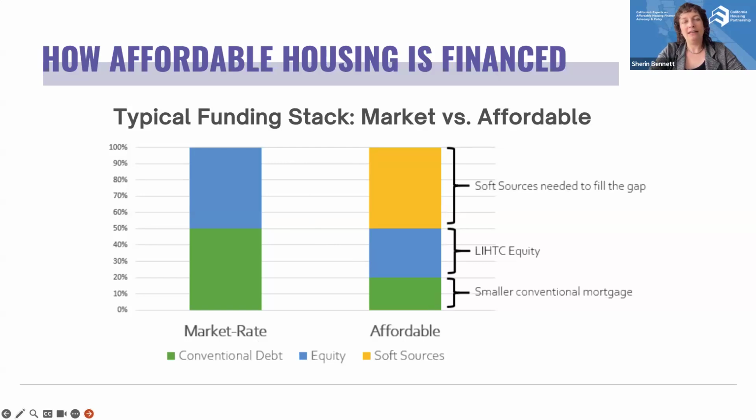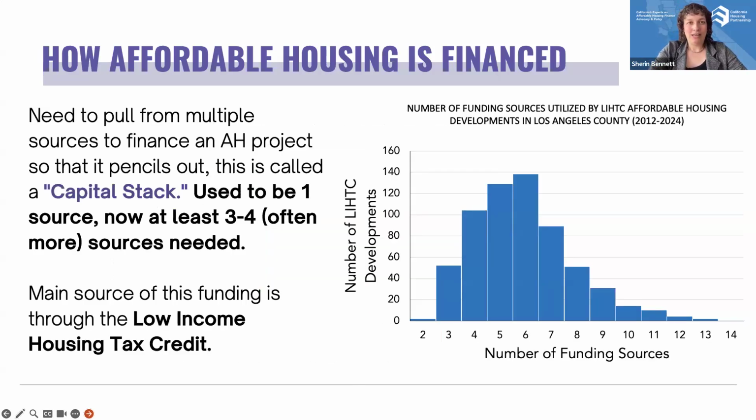And that is a combination of local city funds, county funds, statewide funds, perhaps there's federal funding. We'll pop a list up in a second here. And these soft sources, there isn't just one, usually multiple sources.